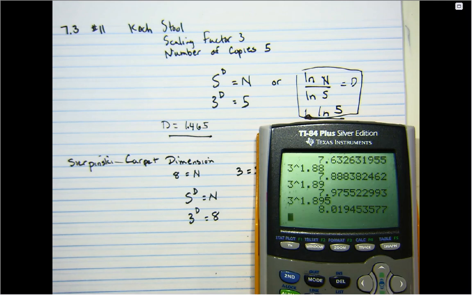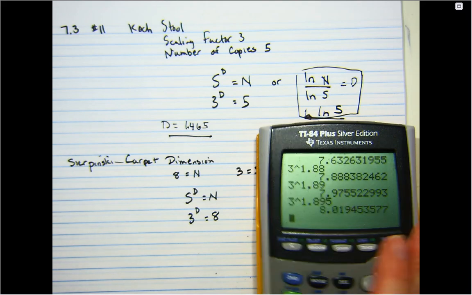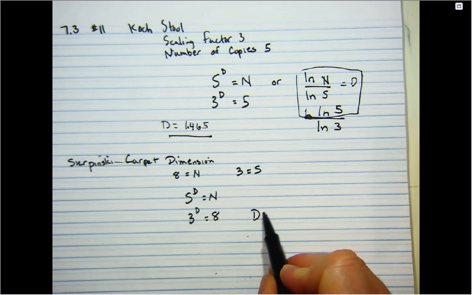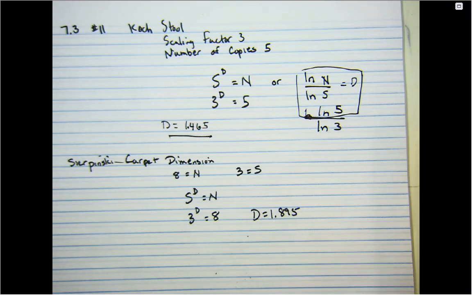Okay, so once you get within 1/100th of the 8, then you're good. So I'm saying 3 raised to the 1.895. If you want more degrees of accuracy, you can use this formula.